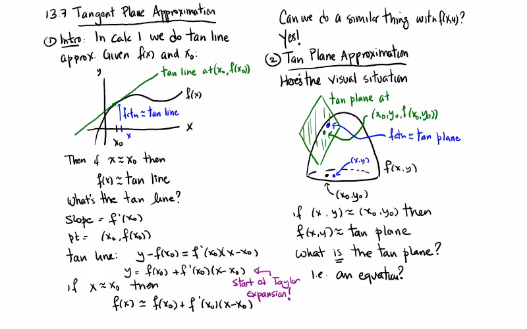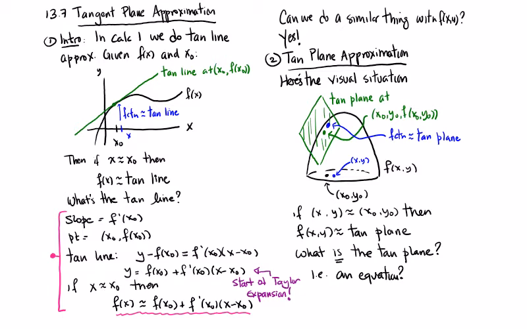The whole rest of this, right here in pink, was actually figuring out the equation of the tangent line. And then we could make this claim that came at the end. So we need to do a similar thing for the tangent plane. We need to say, okay, great, what is the equation of the tangent plane? Once we know that, we're good, because we just say, look, the function is approximately that.